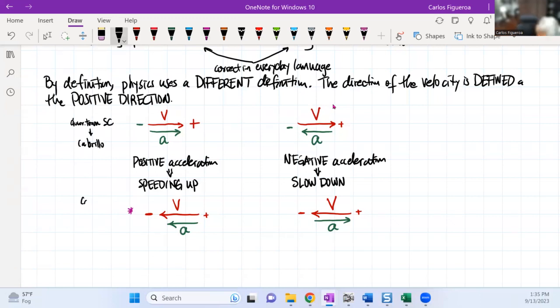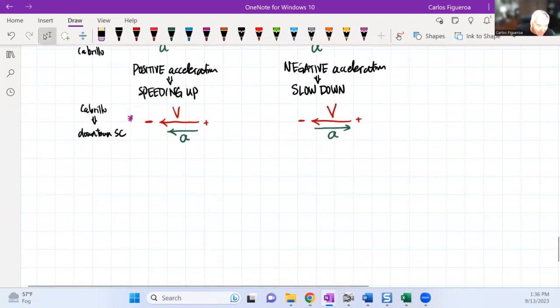Or is this Cabrillo versus downtown Santa Cruz? So what would I do in each of these situations? I would pick the top one, downtown Santa Cruz, as the positive direction, and then I would purposely change my positive and negative sign down here and make the left positive and the other direction negative. So the language can get tricky here, but that's our language in physics.